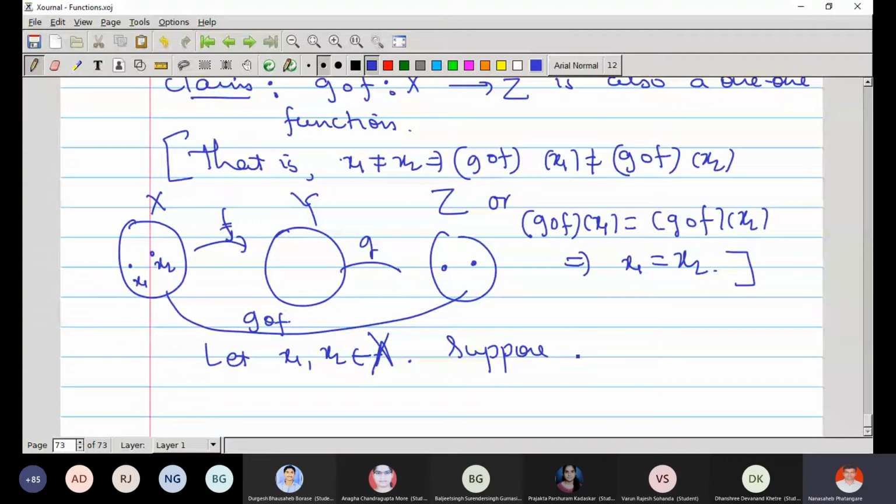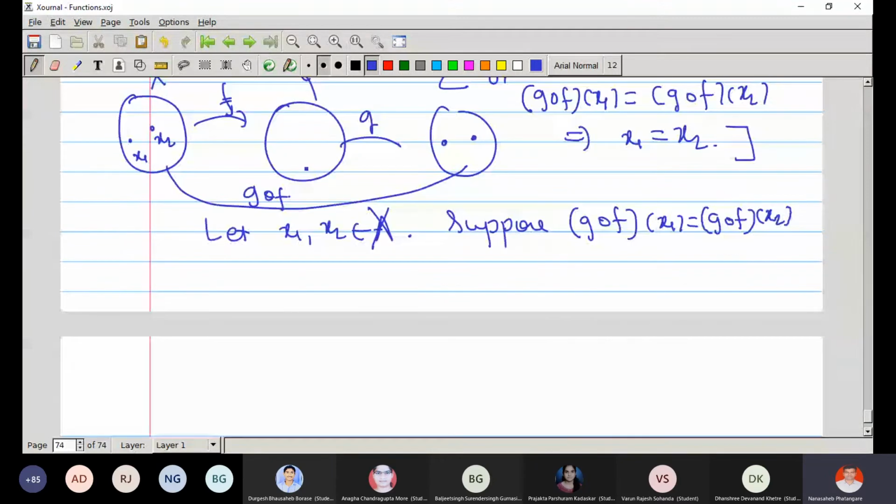So what do we expect? The images are also same. We expect that x1 is equal to x2 for 1, 1ness. But we have not proved it. We expect this will be the answer.